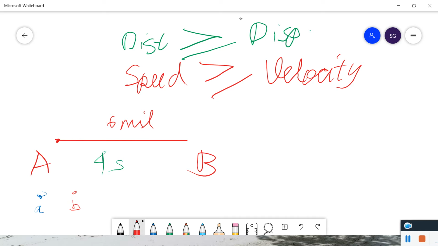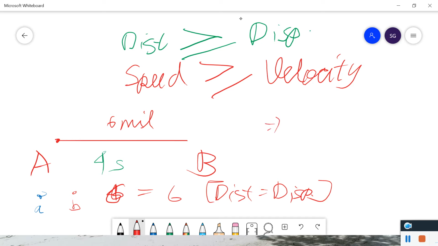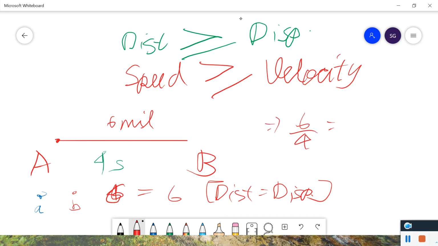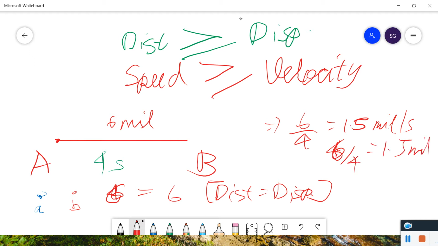So here the distance is equal to displacement, that is 6 miles. And speed here is 6 upon 4, that is 1.5 miles per second, and here it is 6 divided by 4, that is 1.5 miles per second. Since distance is equal to displacement, both are the same.